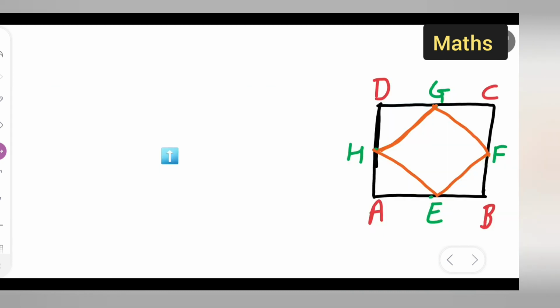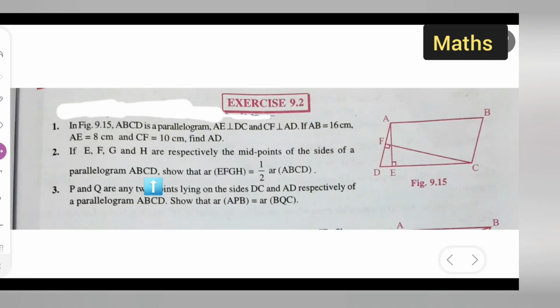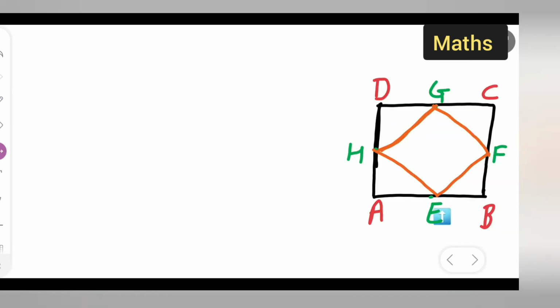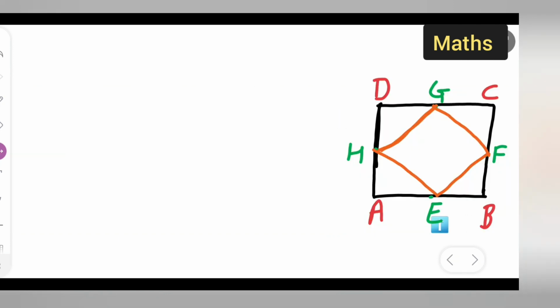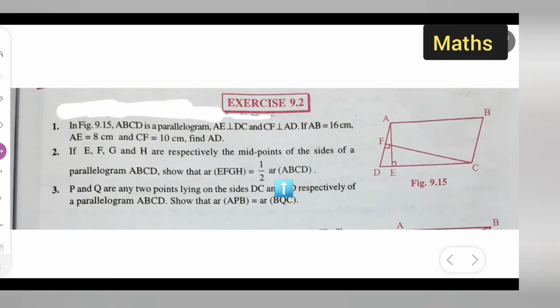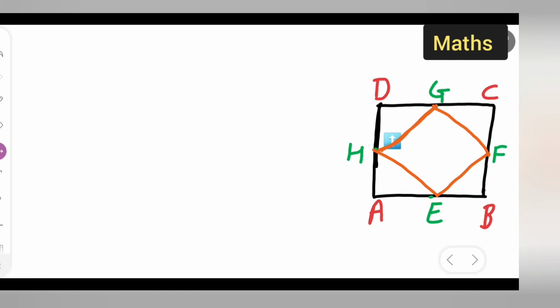So you will have a parallelogram ABCD, and E, F, G, H are the midpoints of its sides.